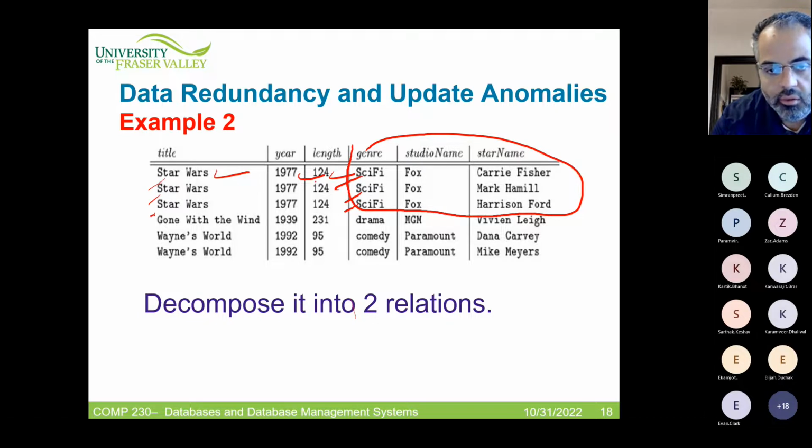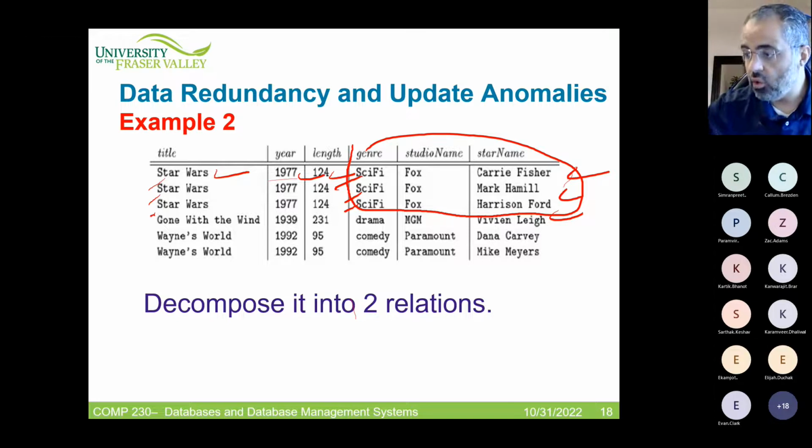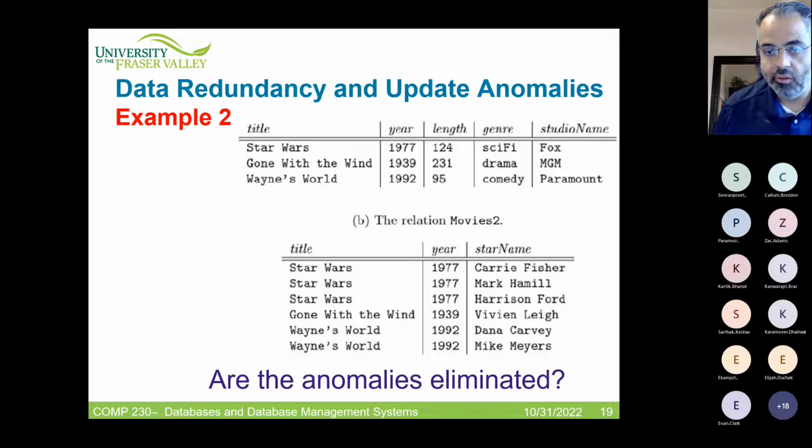Only the star name is changing. So it seems that the star name should not be here. It should be in another table, because having a different star name for the same movie, I was forced to duplicate the whole data of the movie, like title, year, length, genre, studio name, because I have a new record with a new star name. So in this case, I should put the star name in another table, not keep them in the same table.